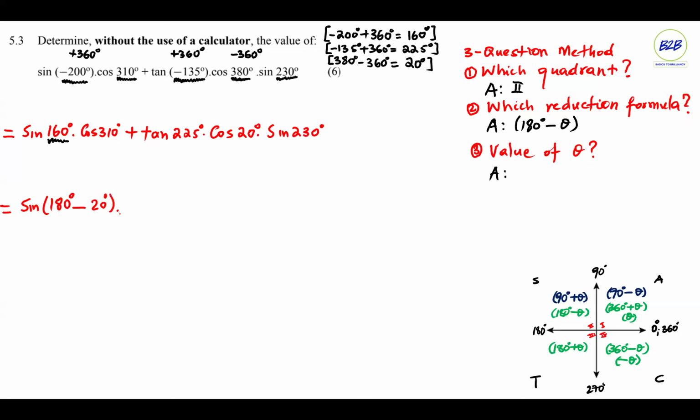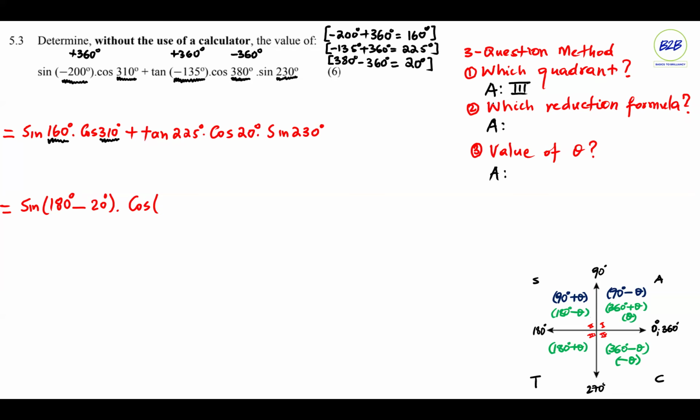Right. Nice and easy. And then we go to 310 degrees. How do we deal with that? We say, oh, okay, 310 degrees is on which quadrant? Yes, it is in the third quadrant. That is where 310 is. All right.